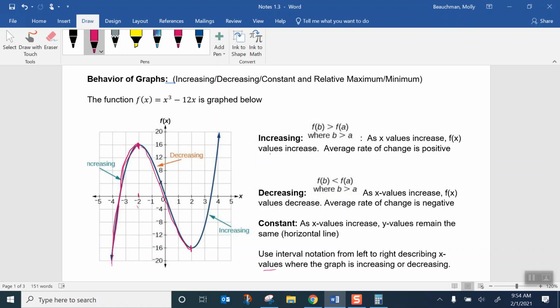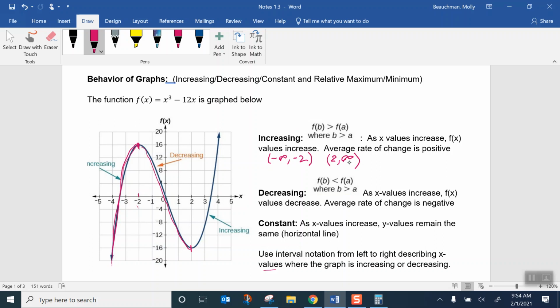So this graph is increasing from negative infinity to negative 2. At negative 2, it's neither increasing or decreasing, so we use an open interval. Then it's increasing again from 2, but not at 2, so it's an open interval, to positive infinity.